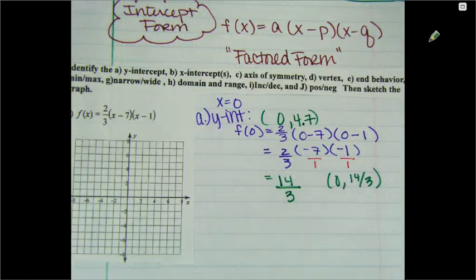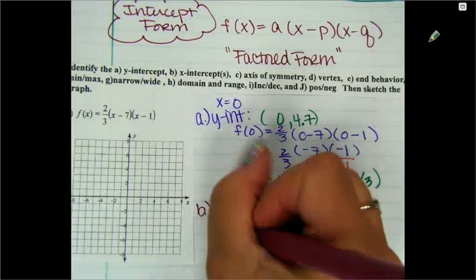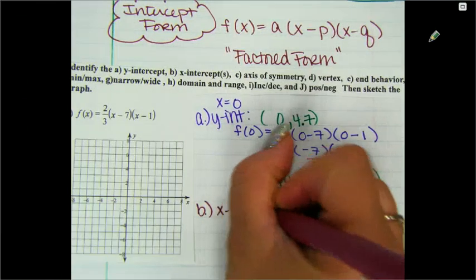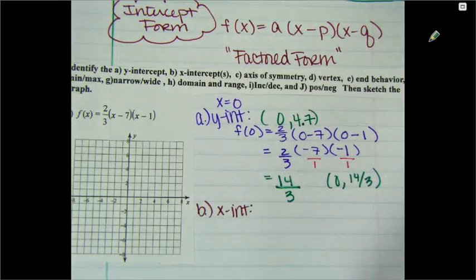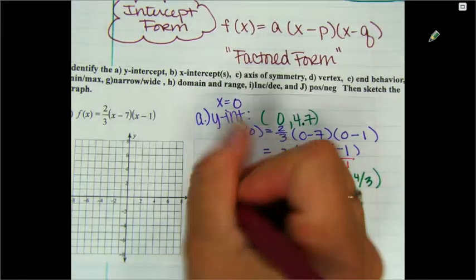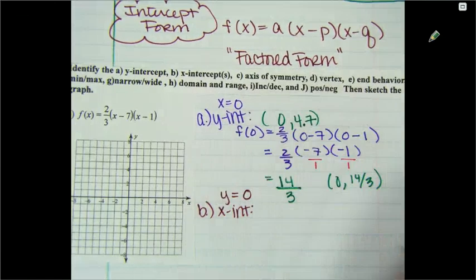Okay. All right, letter B. It asks us to find the x-intercept. What does it mean to be an x-intercept? It crosses or touches the x-axis. So for an x-intercept, the y becomes 0.